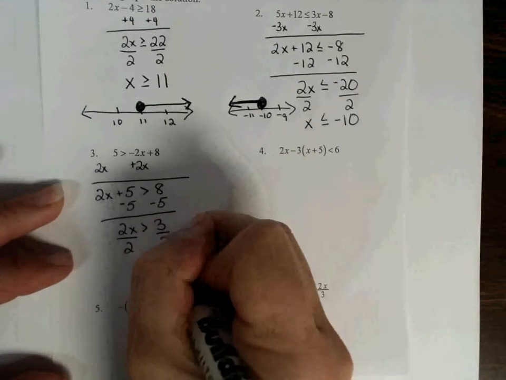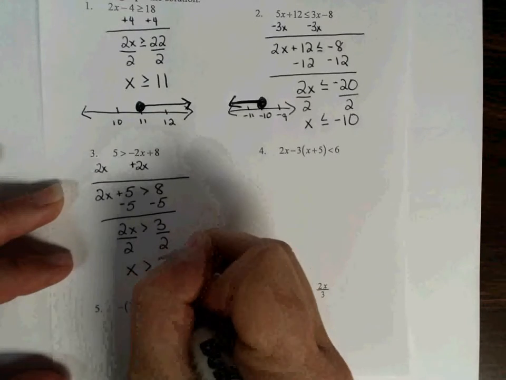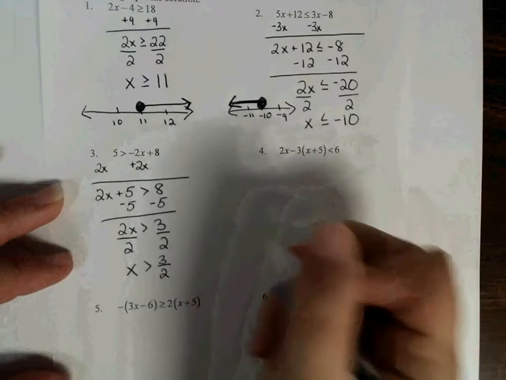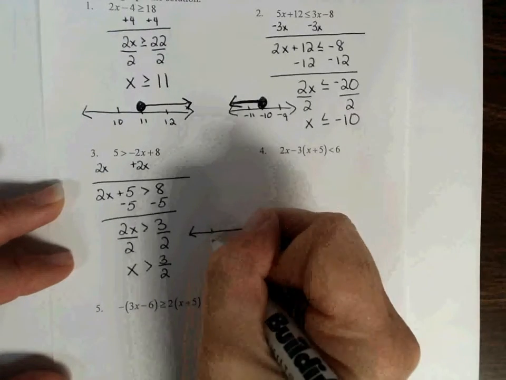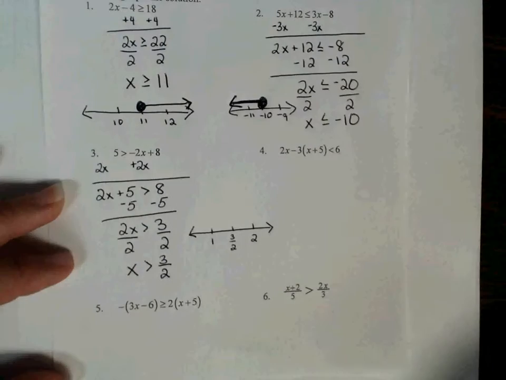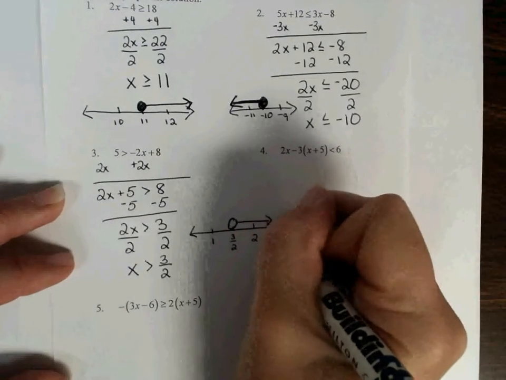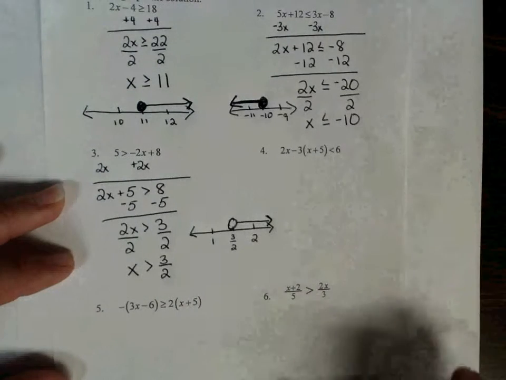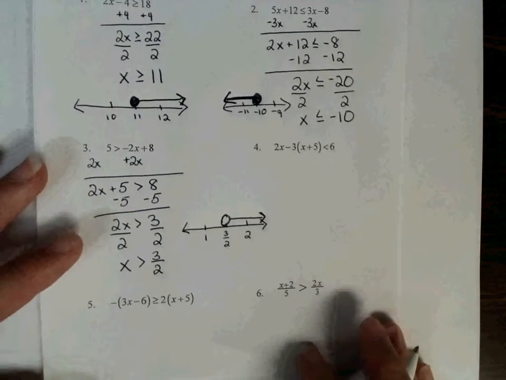So I get 2x is greater than 3, and then I'm going to divide by 2. So we get x is greater than 3 halves. So on a number line, I will have 1, I will have 3 halves, and I will have 2. It will be an open circle, shading to the right.